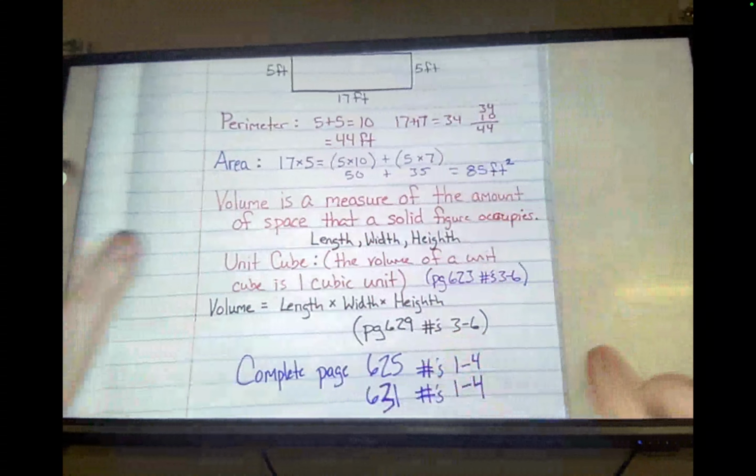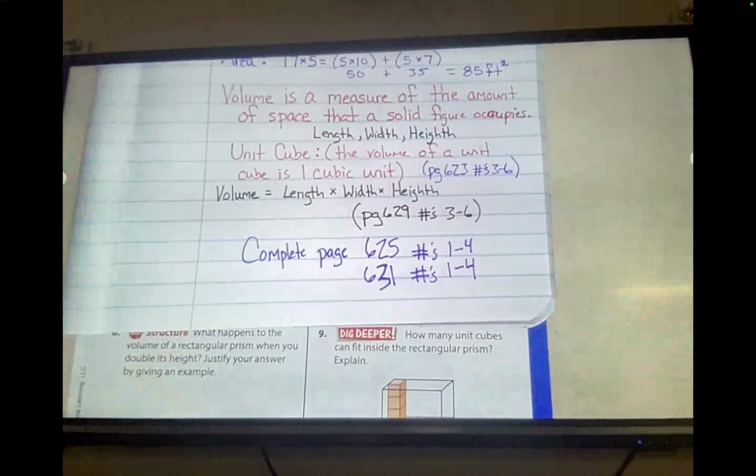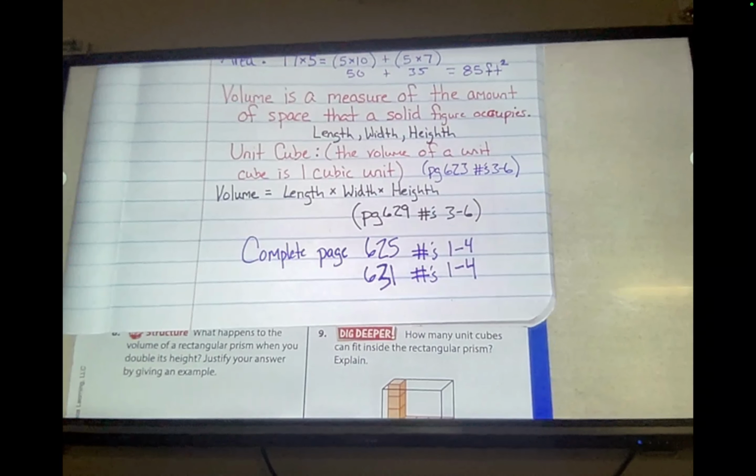So what you're going to work on now is I want you to turn in your workbook to page 625 and 631, and you're going to do numbers 1 through 4 on both of those pages. Once you have finished that, the sub will have your assignment that you're supposed to work on for the remainder of class on the board, and you will work on that till the end of the day. No homework today.